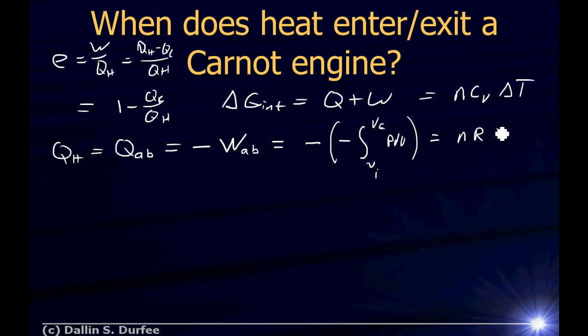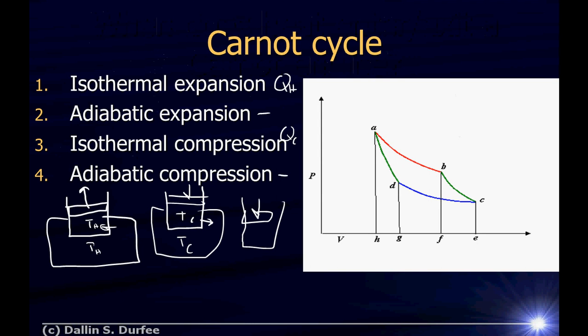We're going from A to B. So what's the temperature at A? Well, we really only have two temperatures. All along this constant temperature process, the temperature is going to be the hot temperature, and all from C to D, the temperature is going to be the cold temperature, right? So the temperature that this happens at, we'll just call it T hot, and then we take the natural log of the ratio of the volumes.